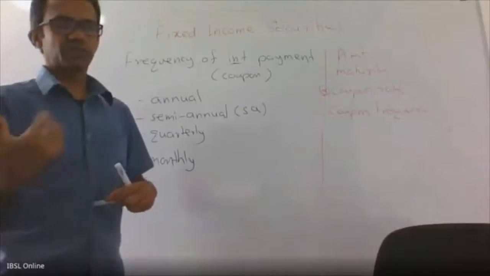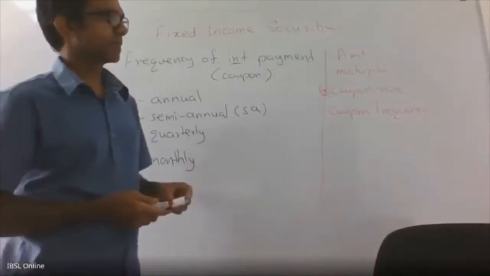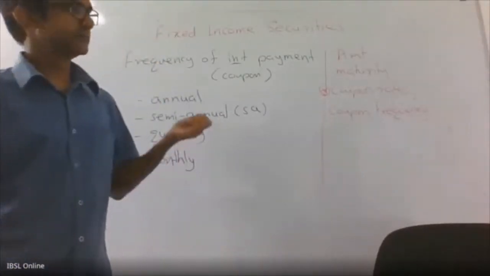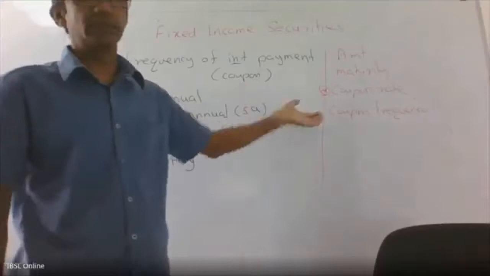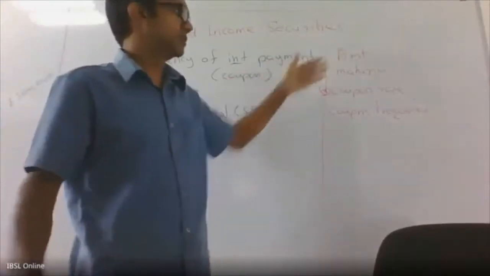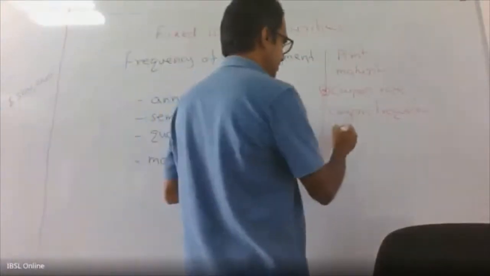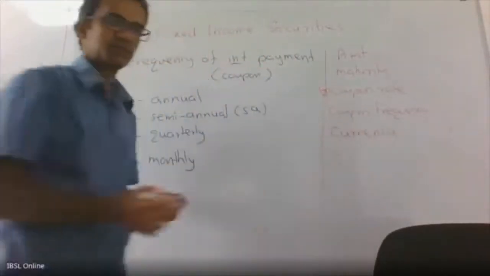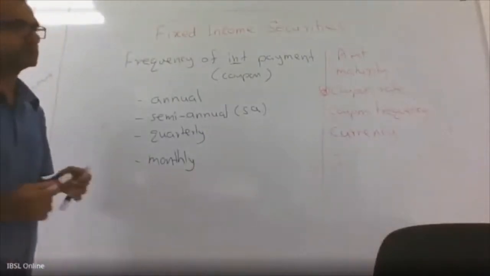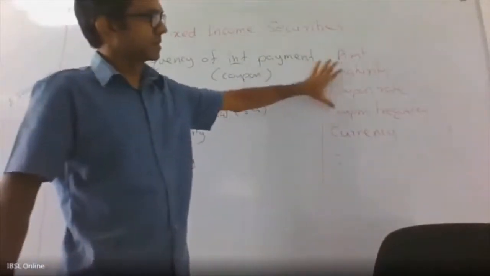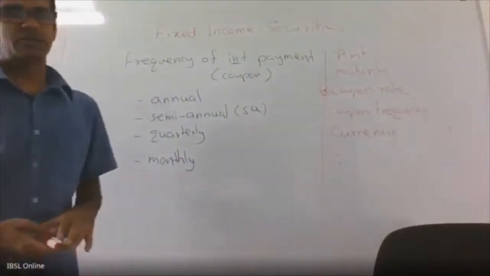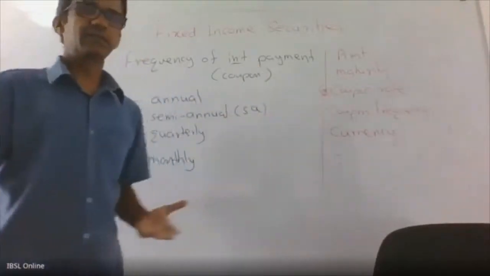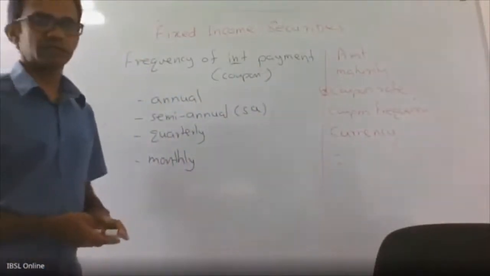That depends on the type of the issuance. They decide the coupon rate based on the market demand on the issue. But what is the amount? What is the maturity? Not only that, generally the currency. And there are some other specific things, legal requirements, but generally these things have to be announced. Or the coupon rate may not be announced. Sometimes coupon rate may be decided based on the market factors.